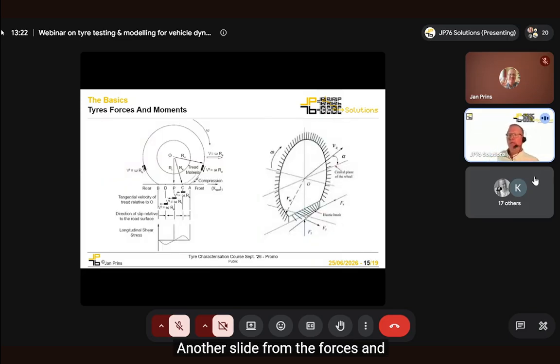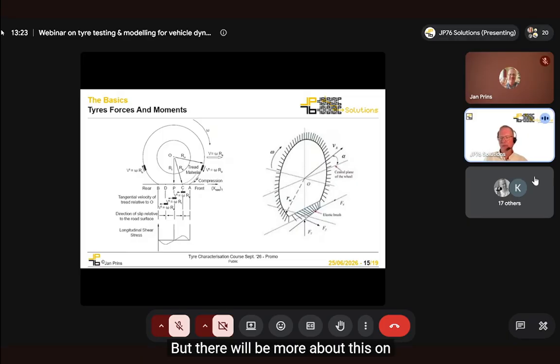Another slide from the forces and moment presentation, session 4 on the course, or 5 as it will be in September. We'll have to spend quite a lot of time to go through this, but the important thing to consider is that you can replicate and model tire behavior by using the principle of bristles on a disc, and that's called a tire brush model.